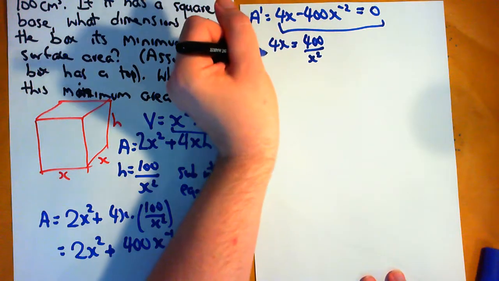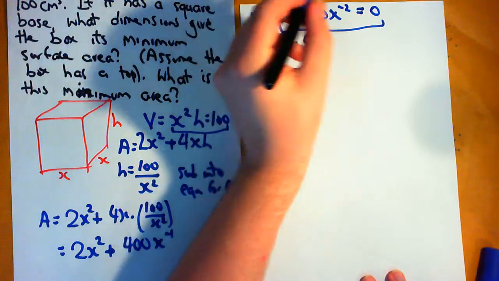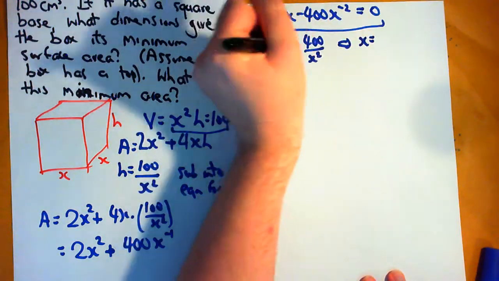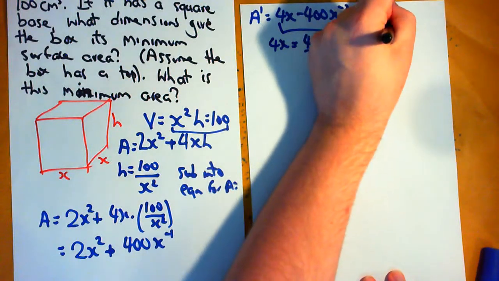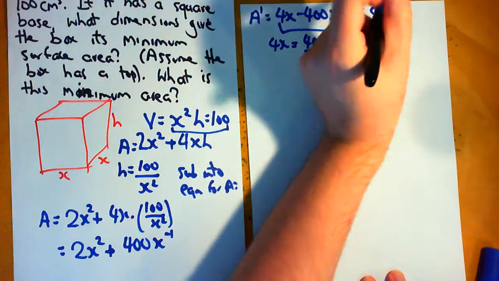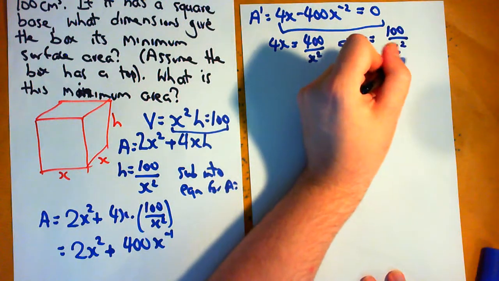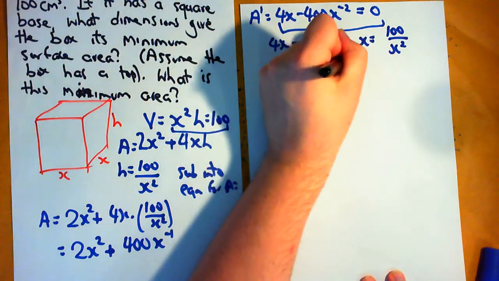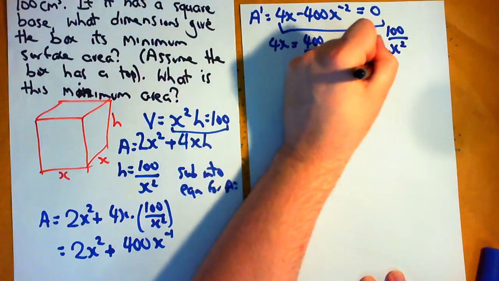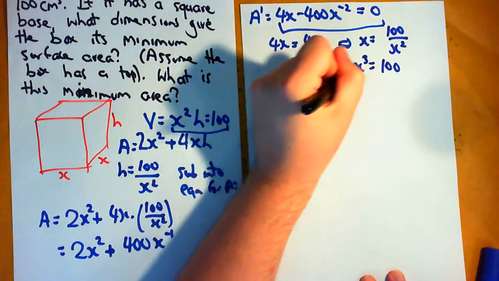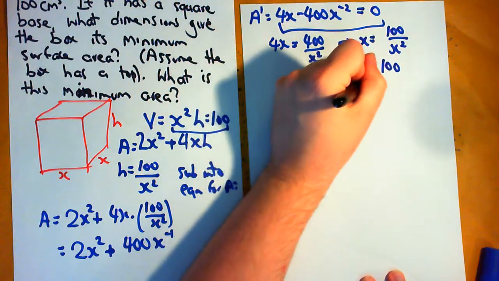And if we divide both sides of that equation by 4, we'll get x equals 400 divided by 4 is 100 divided by x squared. So let's now multiply both sides by x squared, and that gives us x cubed equals 100, and we can solve that by taking the cube root of both sides.